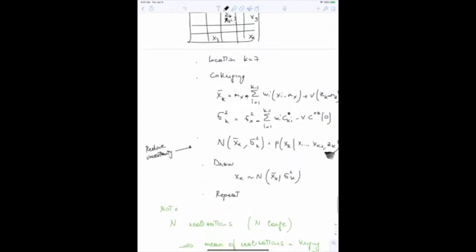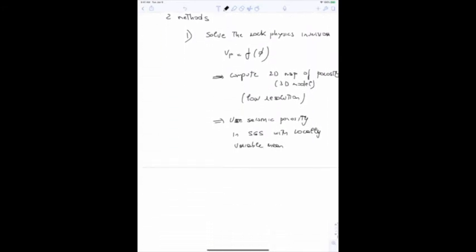So this means that the mean mx is a pointwise model that comes from the seismic porosities.